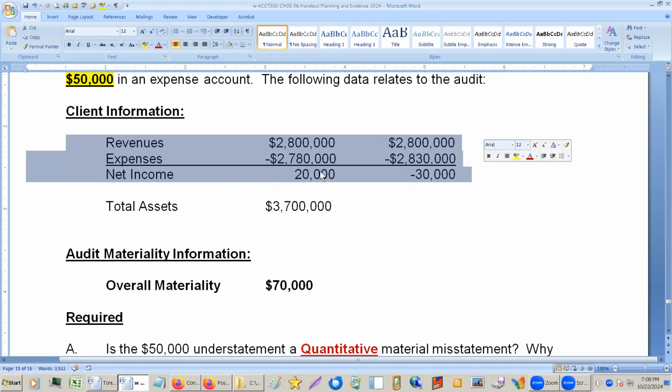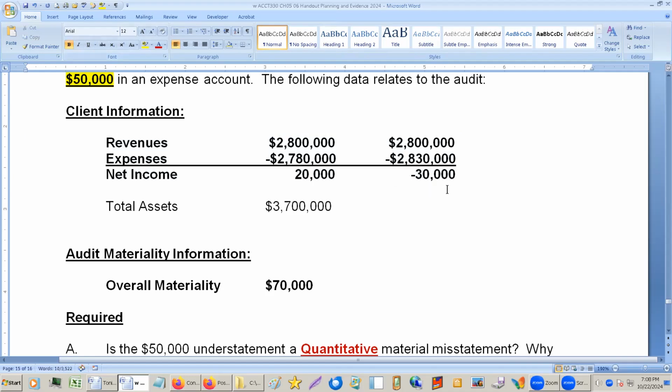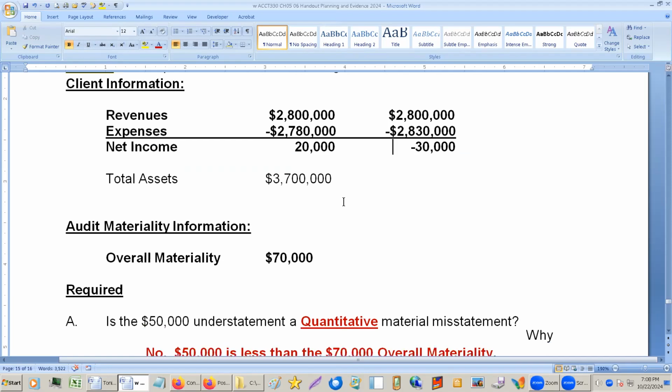So is this qualitatively material? We know it's not quantitatively. It's not 70,000, it's 50,000. Is it qualitatively material?